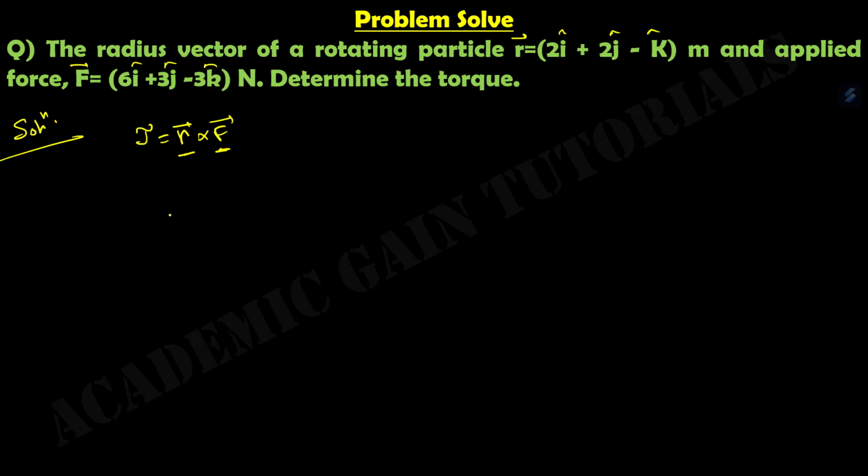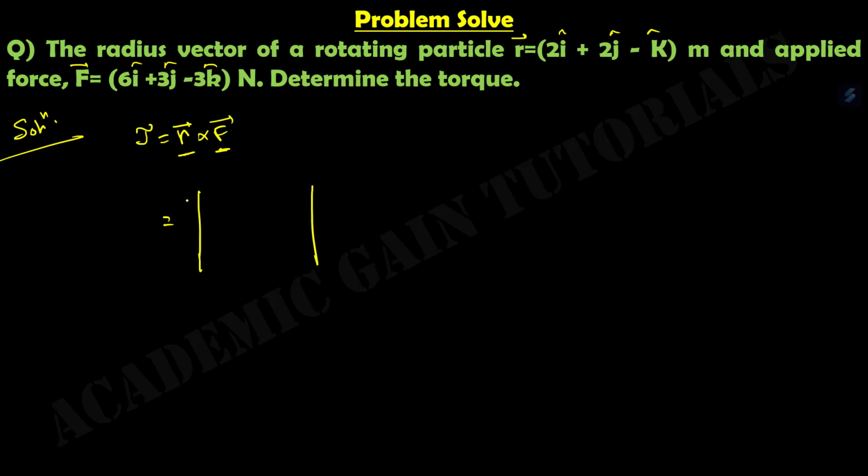So here our radius vector r is 2i plus 2j minus k and our force is 6i plus 3j minus 3k. We have to cross multiply these vectors.